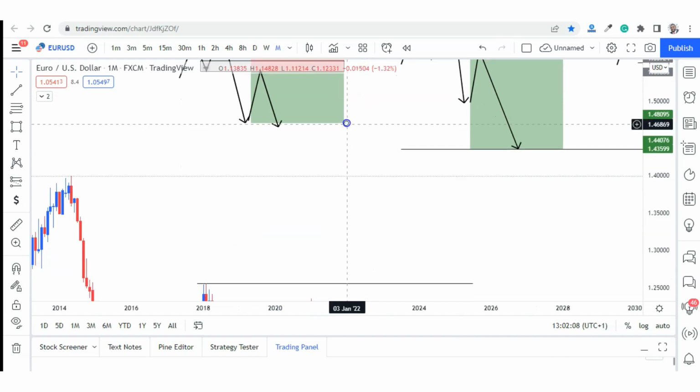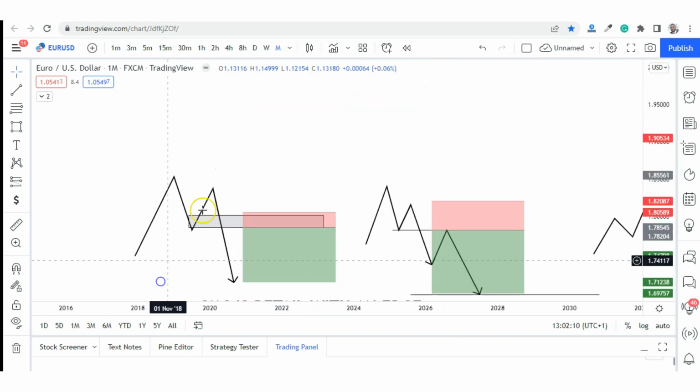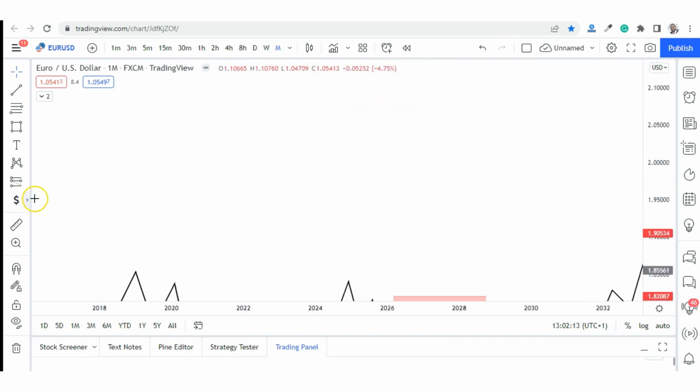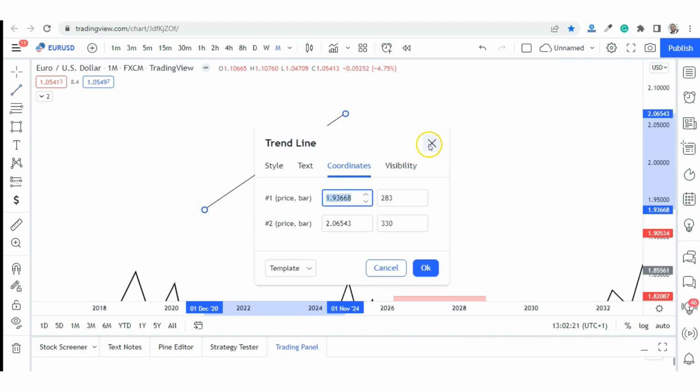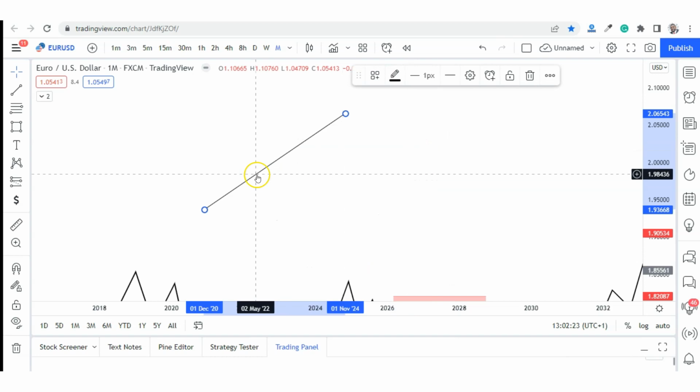Now this is why SMC is different from the retail concept. With the trend line, because I read Babypips from beginning to the end when I came across it.